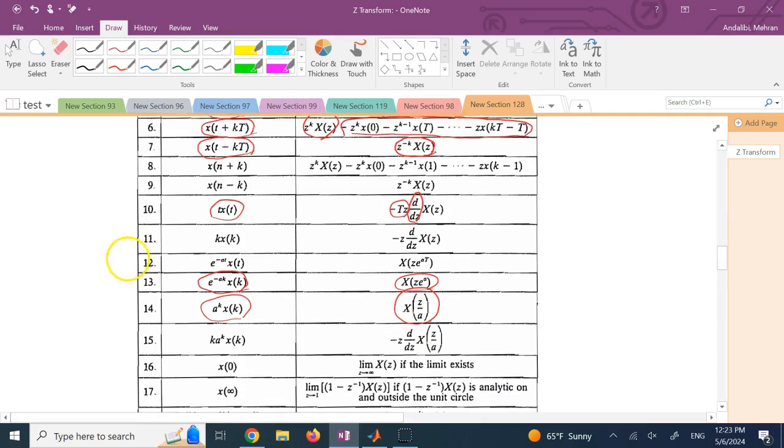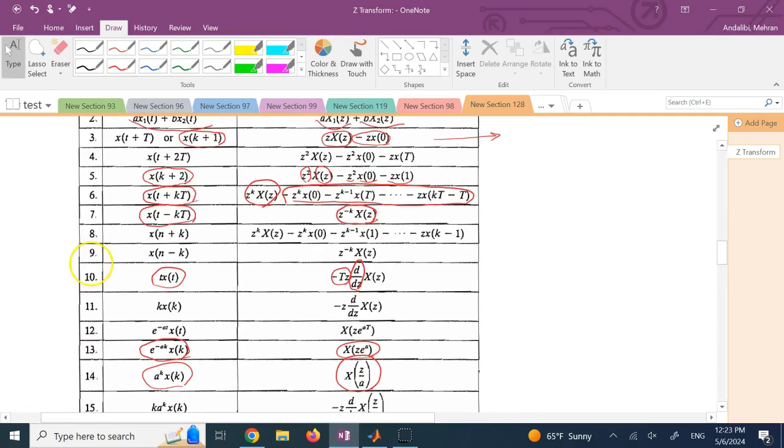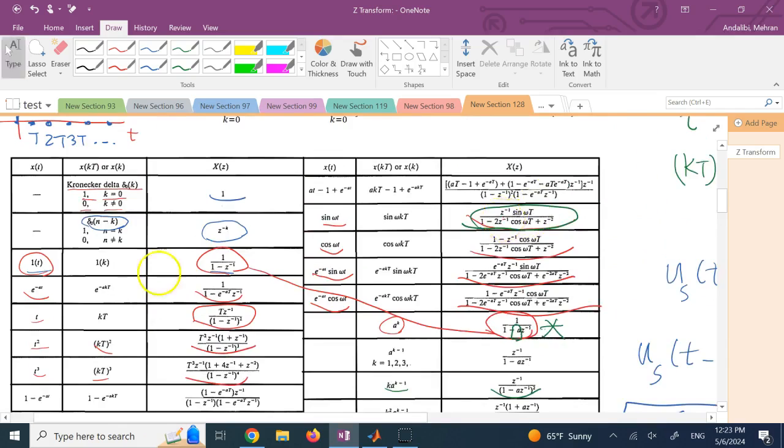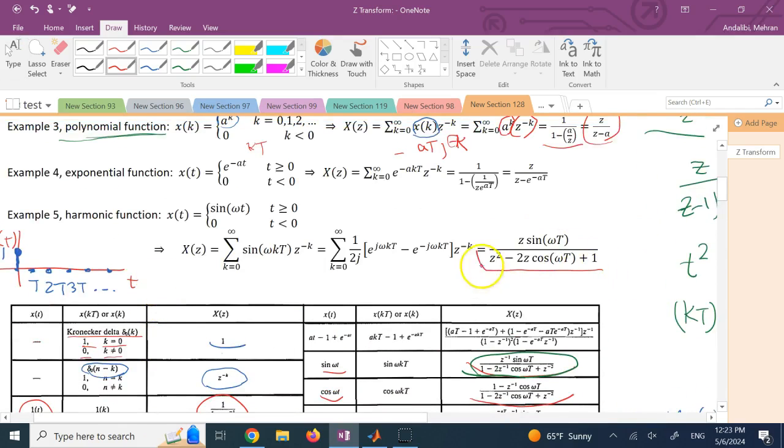So for instance, before I go to the rest of it, let's just look at one example here. Let's say, what is the Z transform of t times sine of t? So what is it? Sine of t, we have it up here, remember? Or if you want, we can go and pick this.